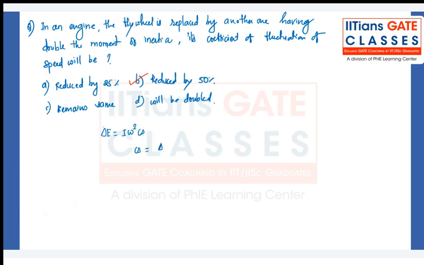So Cs will be delta E divided by I omega square. This is for the first flywheel. For the second flywheel, with double the moment of inertia, Cs will be delta E divided by 2I omega square.